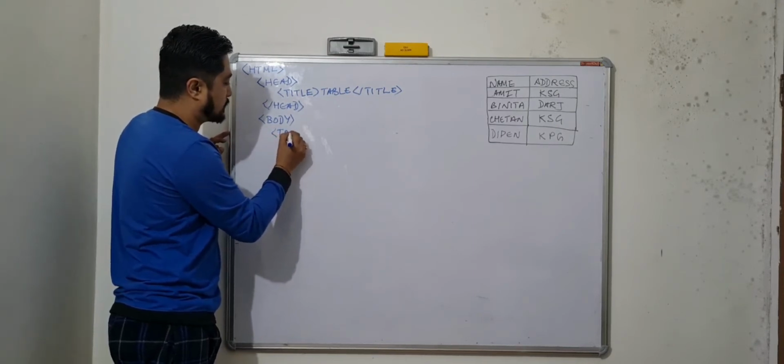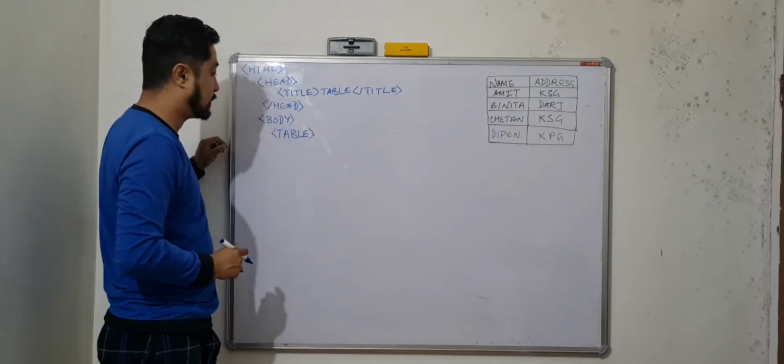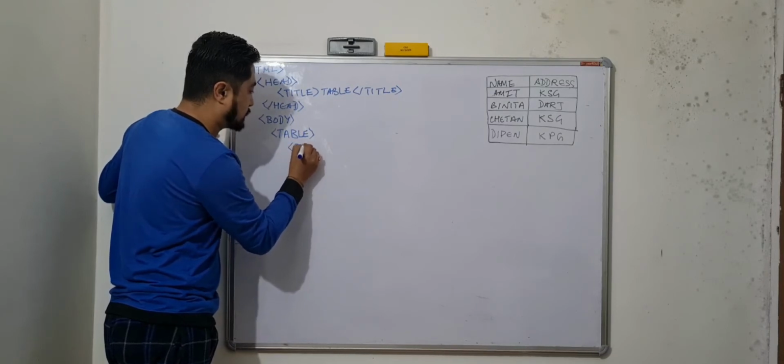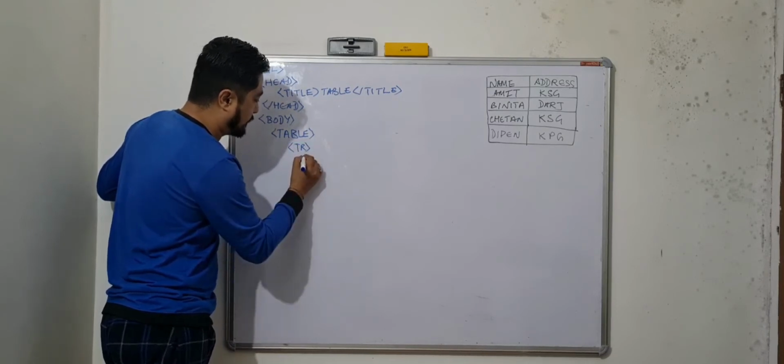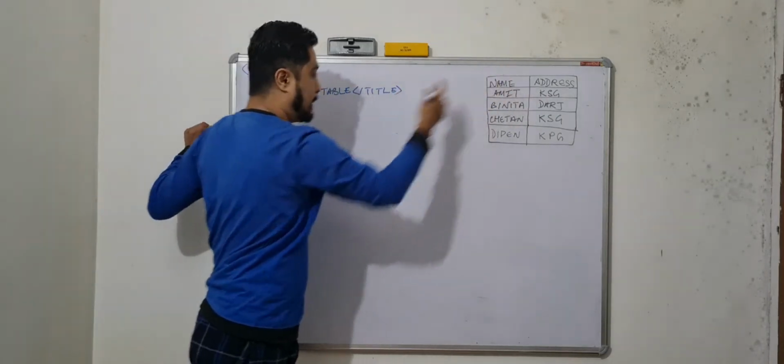Inside this body tag, now I'll create a table. For that, just write table first. Now the table will start. Then I write the first table row, and inside the first row we have name and address.